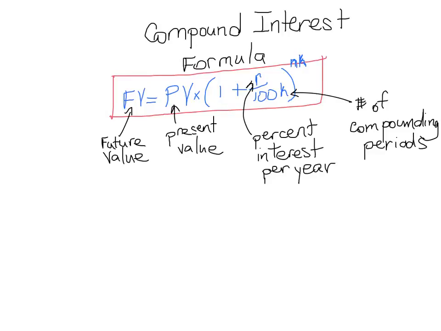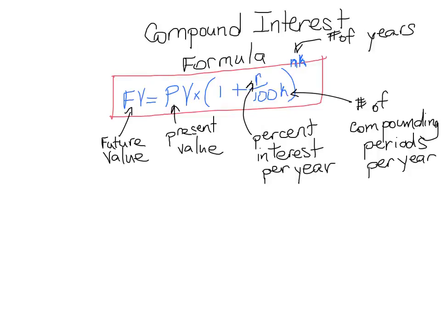If it's compounding semi-annually, it's compounding twice per year, so K would be 2. And N is just the number of years. Okay, so the best way to grasp this is to actually just look at a question.